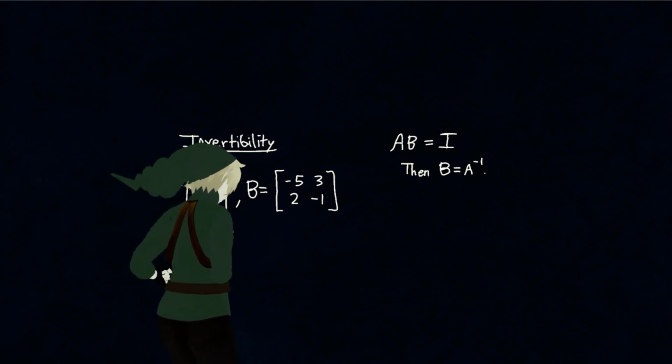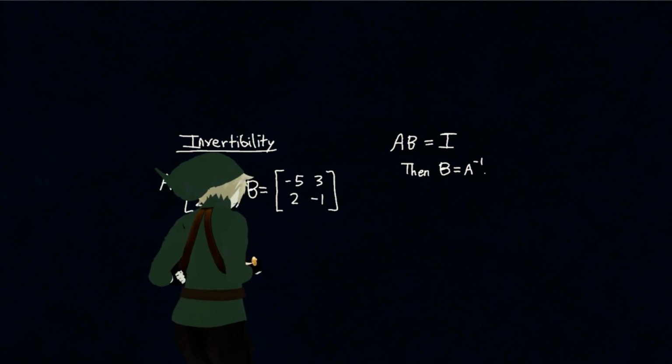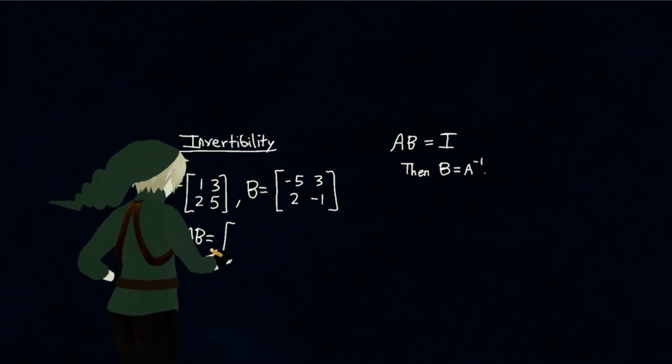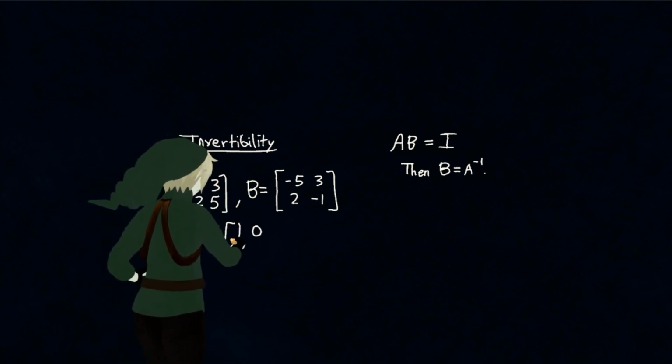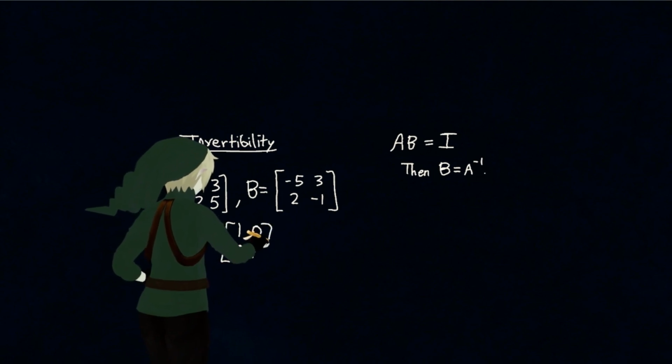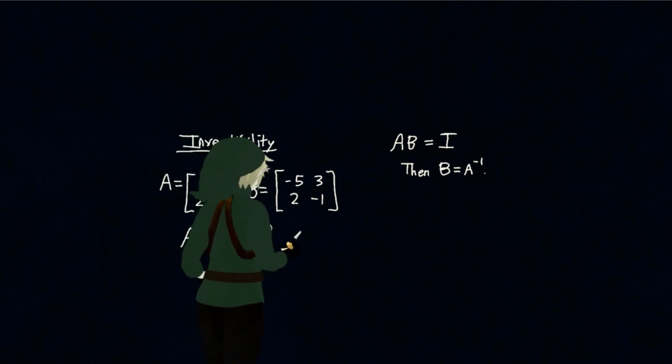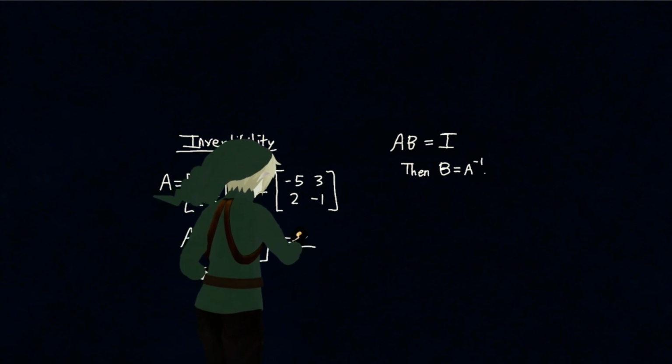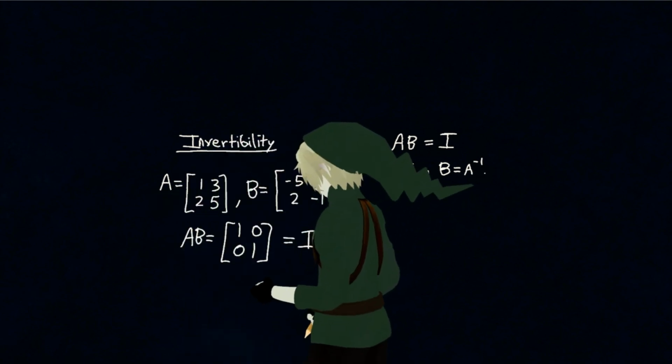Okay? So when you actually compute this in a calculator, it does equal 1001. Is this an identity matrix? Yes, it is. If you remember, this is an identity matrix.